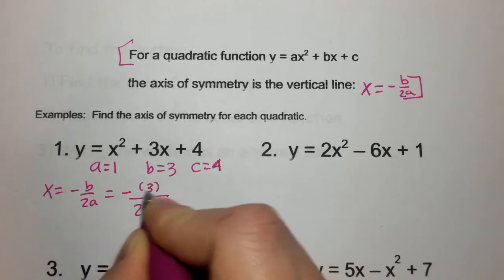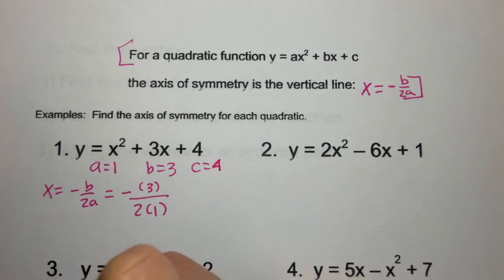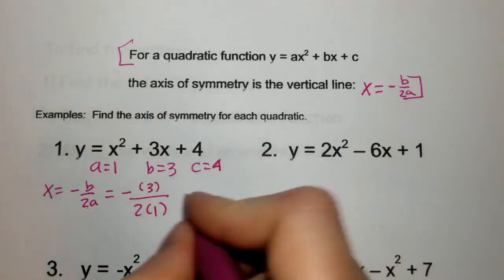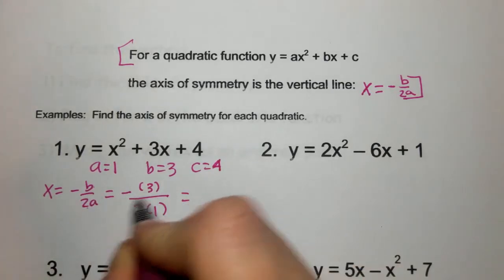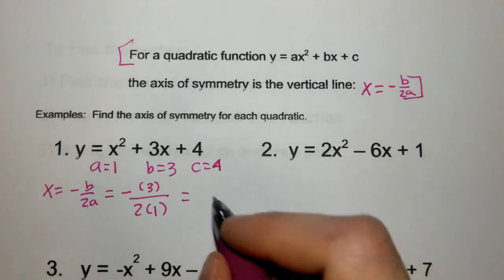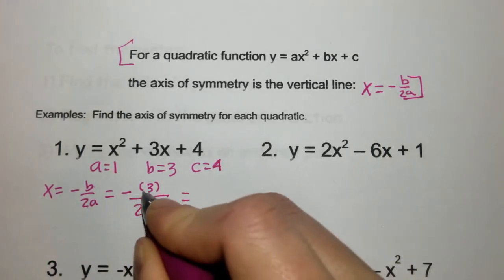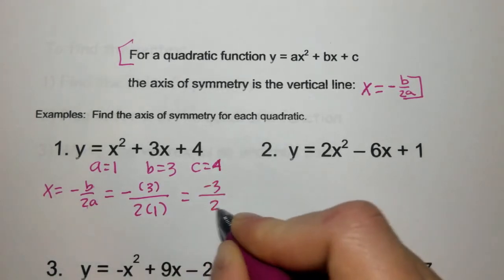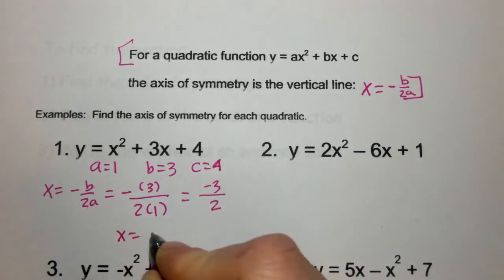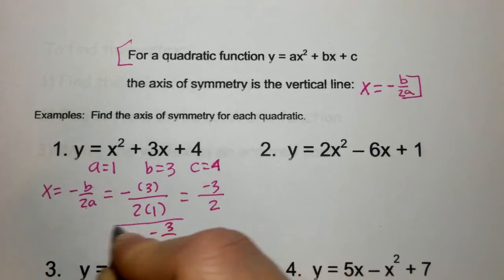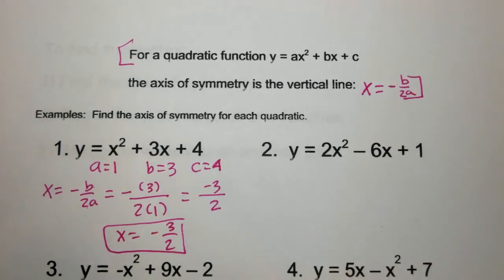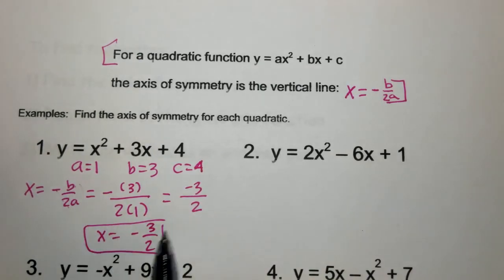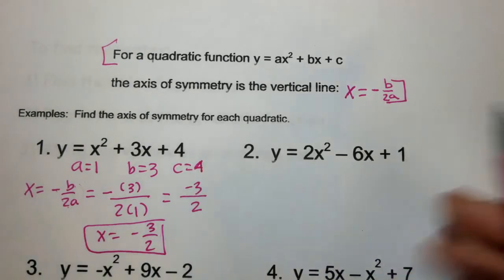B is 3 and A is 1. So now I can just tack that negative in with the numerator. It doesn't matter where you put it, whether it's in the numerator or the denominator. So I'm going to have negative 3. 2 times 1 is 2. So that axis of symmetry is negative 3 over 2. And that's it. So just be aware of this negative sign from the formula. Sometimes it causes an easy mistake, so just be careful with that.